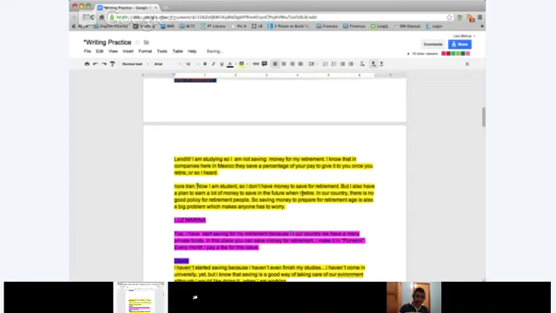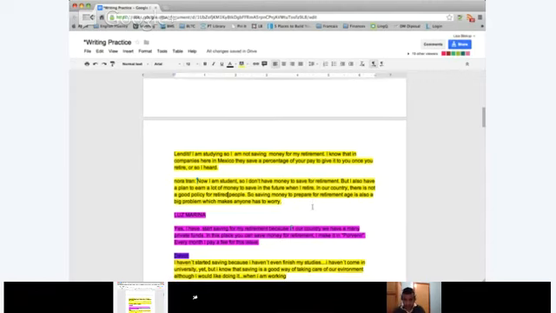In our country, there is not a good policy for retired people. So saving money to prepare for retirement age is also a big problem, which makes people worry, let's just say. Okay, good. Okay, thank you.